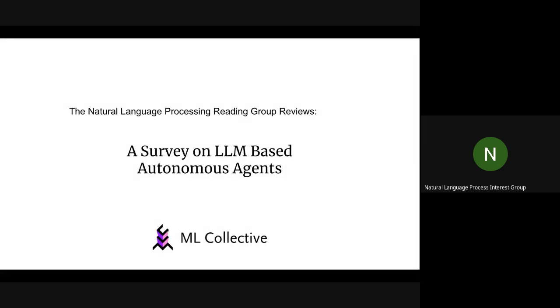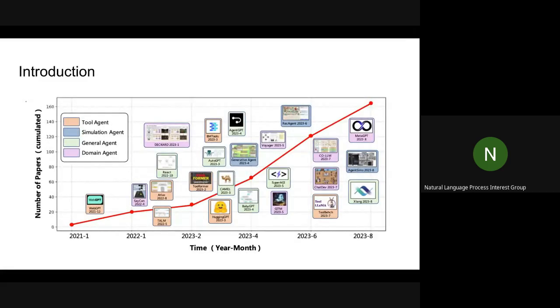Yeah, so as mentioned, this week we're going over a survey on LLM-based autonomous agents. This goes over all the latest papers from the last 2-3 years on building agents. It's really focused on that and only that, and it covers the entire spectrum of agents that are tuned for different purposes and domains.